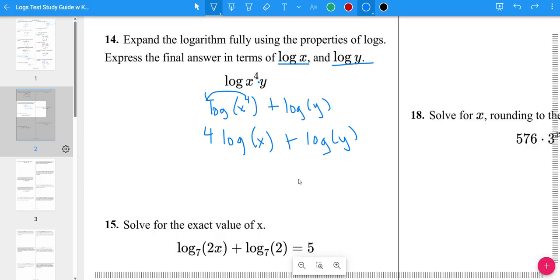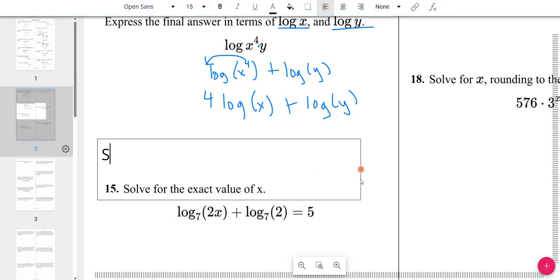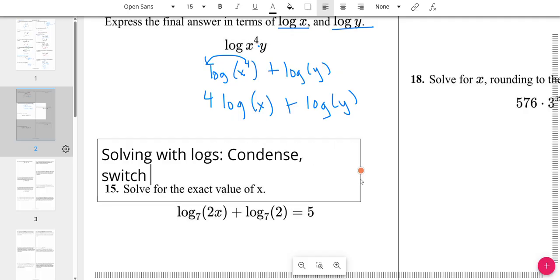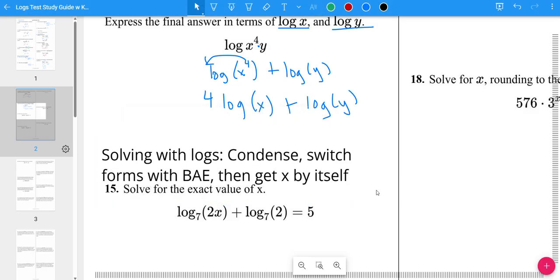Now, to solve on number 15, if I'm solving with logs, you condense, switch forms with BAE, and then get x by itself.